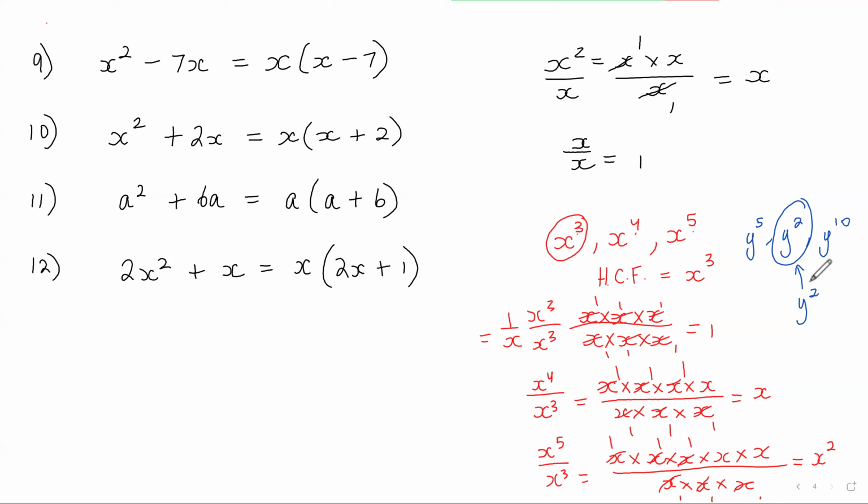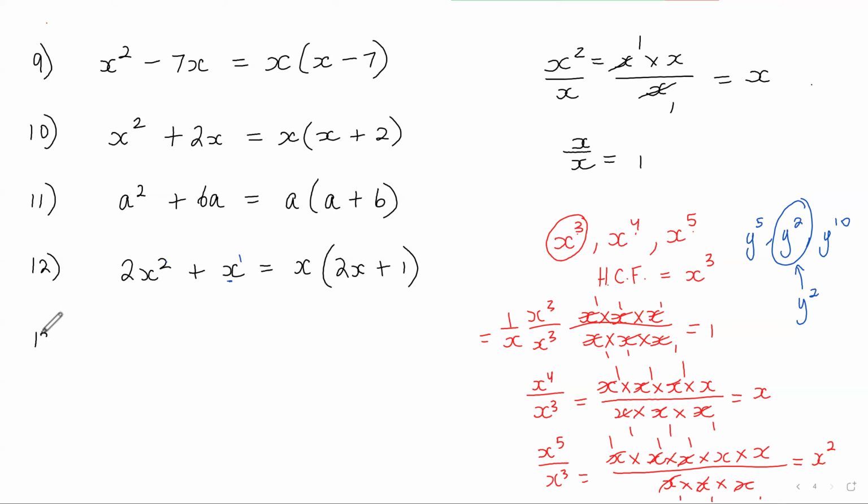In the instance where you have 2x squared plus x, the highest common factor will be x, because x by itself is x to the power of 1, which is less than 2. I hope that clears up some of the confusion where choosing the highest common factor when you have different powers is concerned.